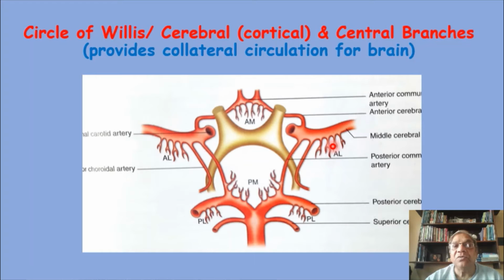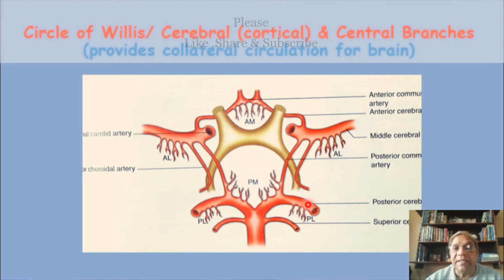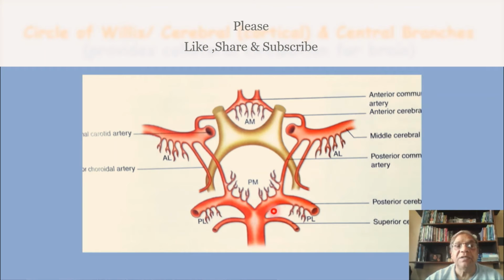These anterolateral branches take origin from the middle cerebral, and these posterolateral branches take origin from the posterior cerebral artery. Okay, so these are the anteromedial central branches, these are the posteromedial central branches, these are the anterolateral central branches, and these are the posterolateral central branches.